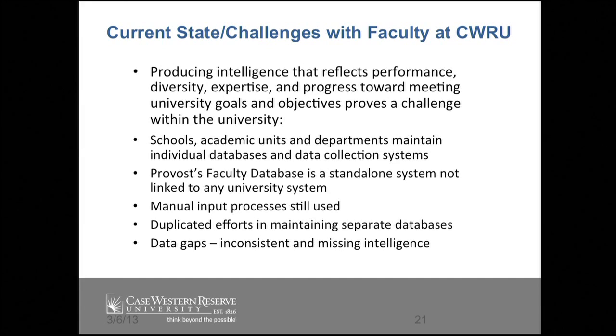So globalization is a huge initiative within higher education. So being able to figure out, okay, how many faculty are really traveling abroad to other universities? How many collaborations do we have with China or with England? How much are they traveling? Are they getting any research dollars from those countries?